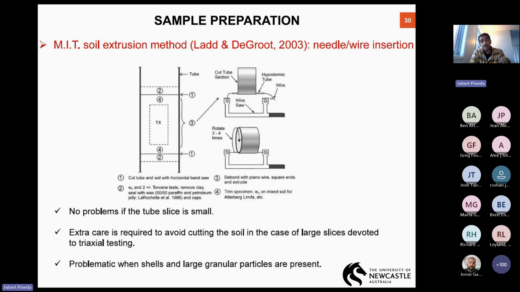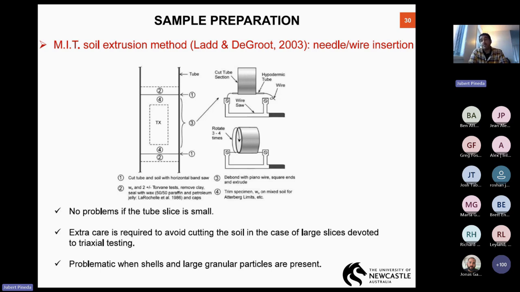MIT back in 2003 proposed this method, which is also after slicing the tubes, so you can use a wire saw and a hypodermic needle to penetrate into the soil and then break down all the bonding between the wall and the natural soil. You can use the needle to break these bonds, or you can use the needle and then the wire, and rotate the wire in order to break down all this bonding.